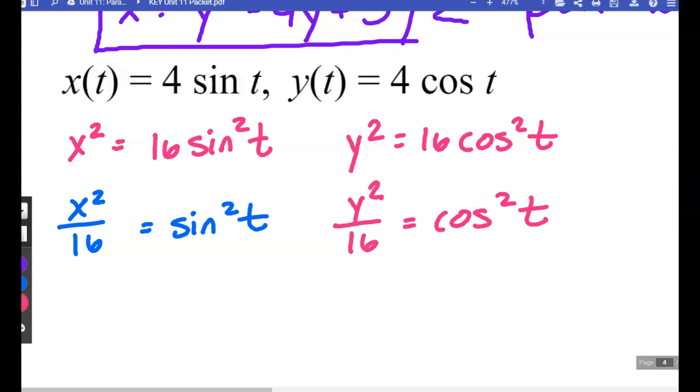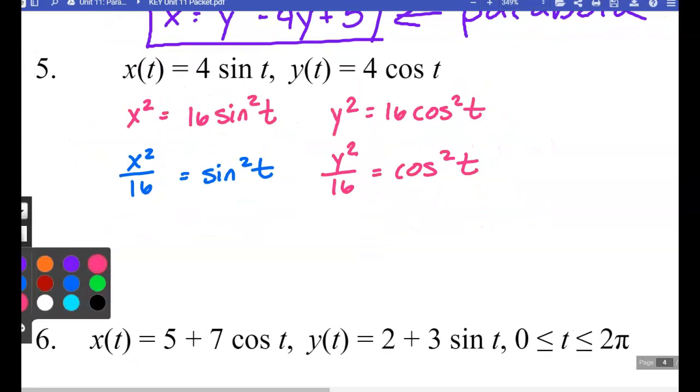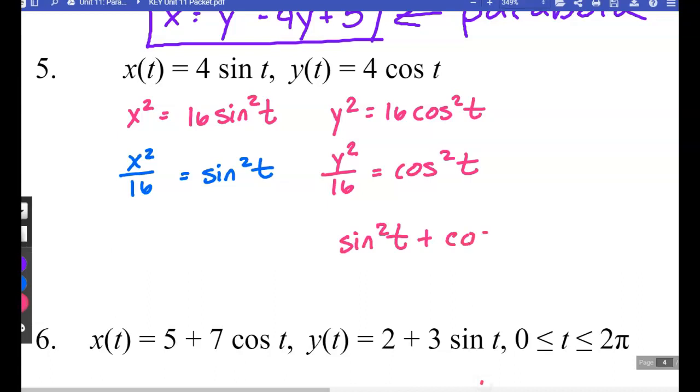They'll always equal 1. So, if I take sine squared t plus cosine squared t, I know that this will simplify down to 1. I also know that sine squared t is equivalent to, because when creating an equation, I have to make sure it's balanced.